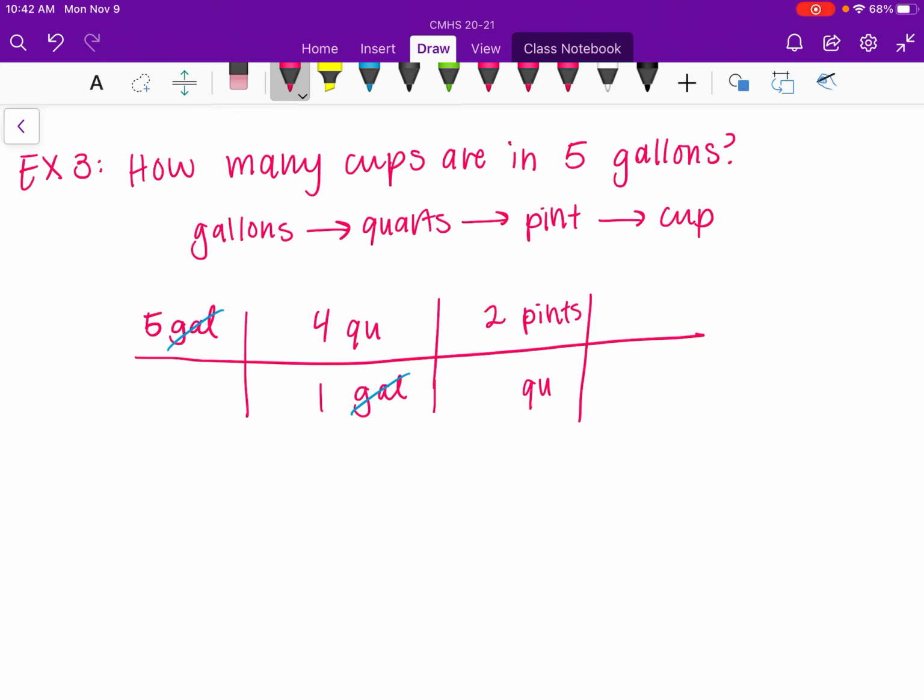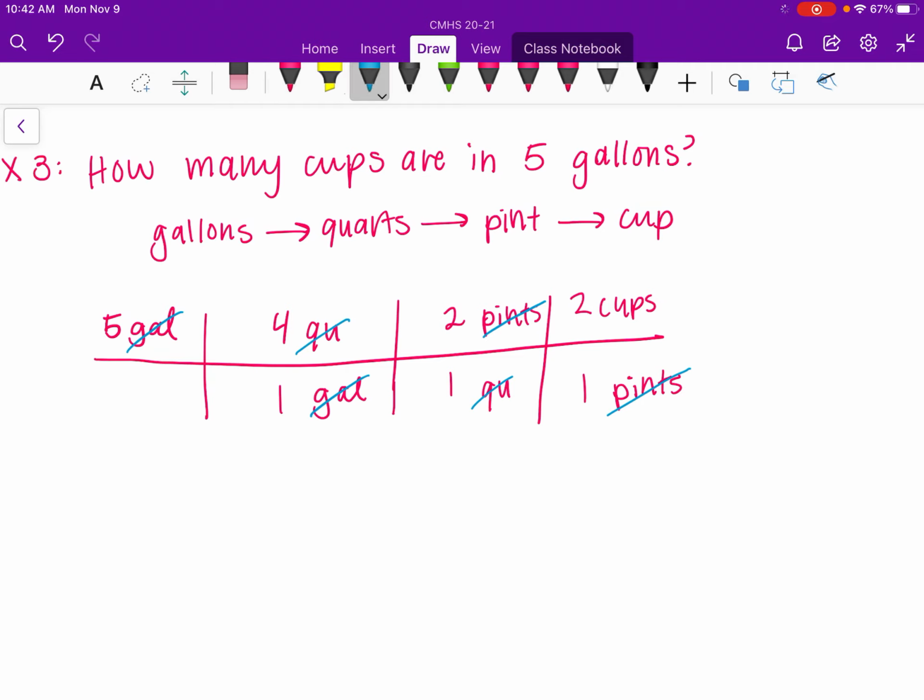There are 2 pints in 1 quart. So quarts are gone. Now we have pints. We need to go from pints to cups. So pints needs to be on the bottom so that they cancel out. 1 pint has 2 cups. So pints is on the top and the bottom canceled out.